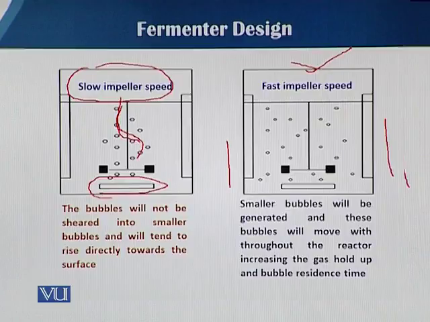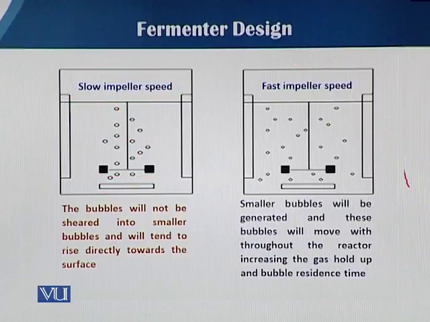When there is less retention time of the air bubble in the medium, there is less chance of oxygen solubility. But when it is retained longer in the fermentation medium, there is more chance of oxygen solubility inside the medium.